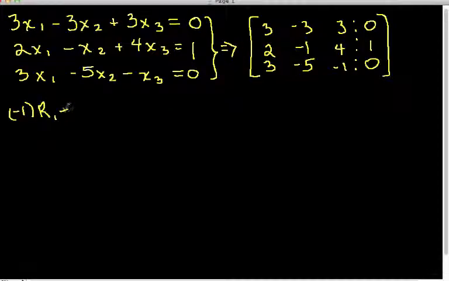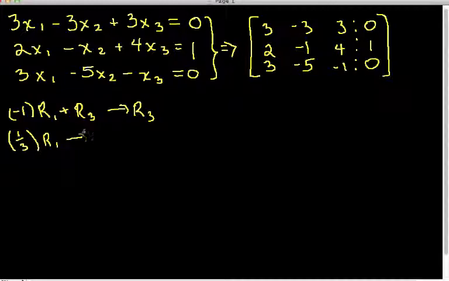So I'm going to take minus 1 times this row and add it to the third row to create a new third row. And just like before, it's convenient to take this row up here, divide by 3, and use that to create a new first row. I'll put the result here. I'll do this first row operation first as usual.